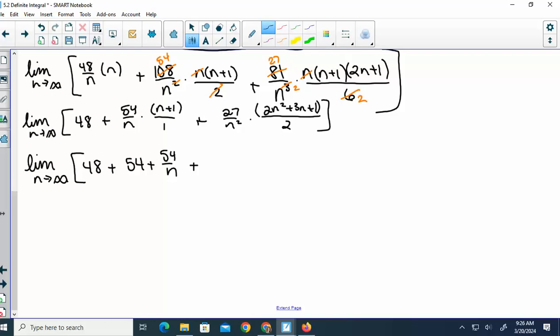So 54n squared over 2n squared would turn into 27. 81n over 2n squared. 1 over 2n. 27 over 2n squared.